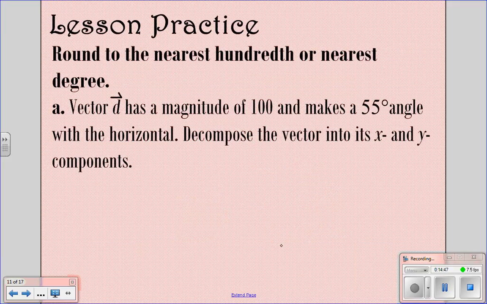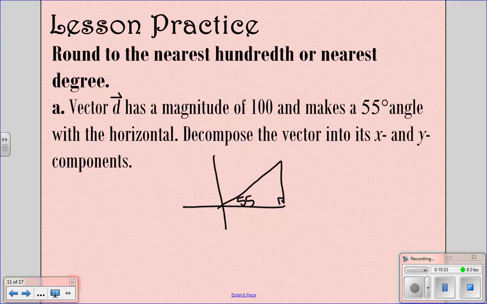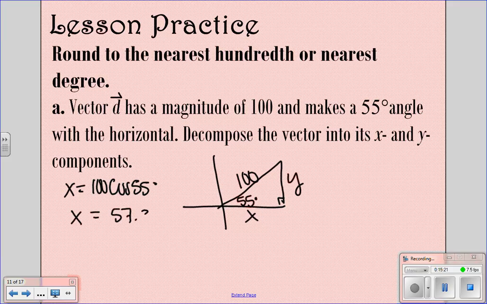So now let's look at some practice problems. See if you can decompose the vector into its x and y components. And it says round to the nearest hundredth if you're dealing with numbers, or the nearest degree if you're dealing with angles. So we have a vector and it has an angle of 55 here, and the magnitude, the hypotenuse, is 100. So we need to do the x and the y components. So the x part, we would do 100 cosine of 55, and that'll give you 57.36.